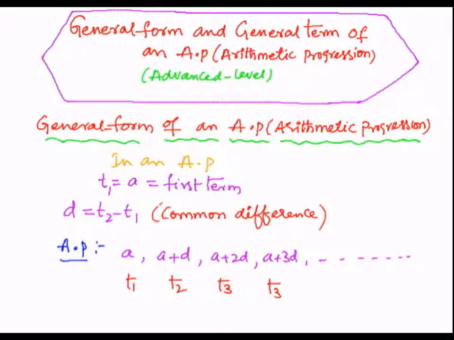Hence A, A plus D, A plus 2D, A plus 3D, A plus 4D, and so on is the general form of an arithmetic progression.